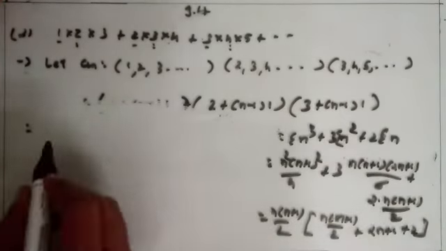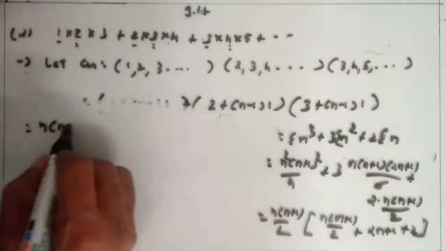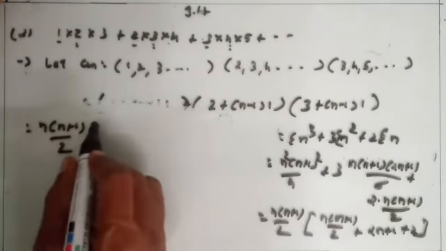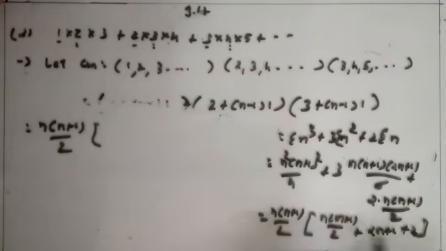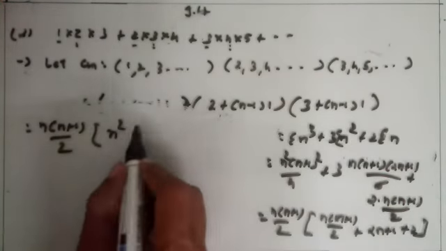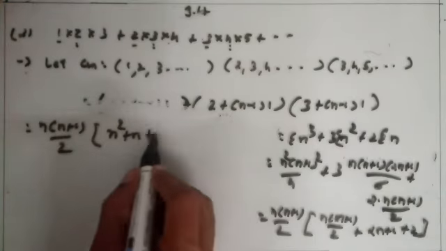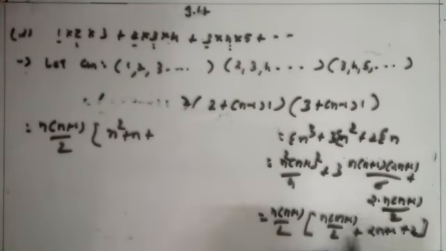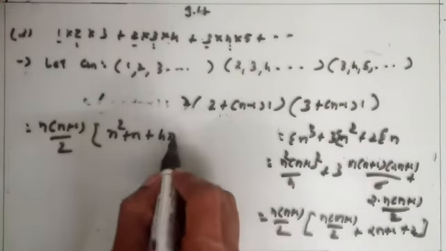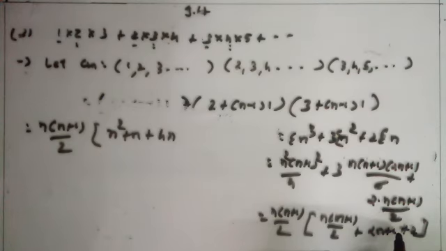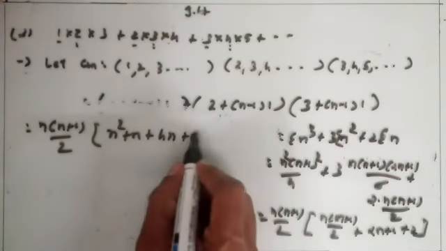So n(n+1)/2 into, here taking LCM 2, so 2n plus 3, n taken inside, parallel to this, so we get n square, n plus 2n into 2 becomes 4n, 2 plus 1, 3 into 2 becomes plus 6. Clear?